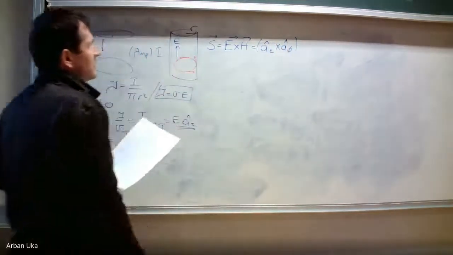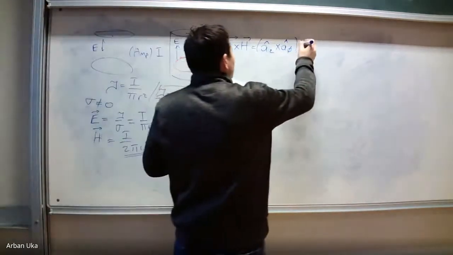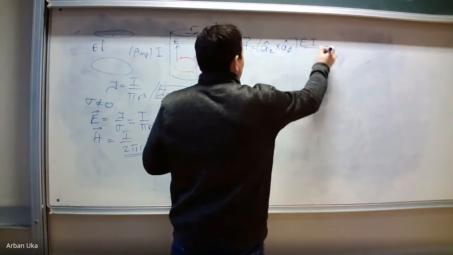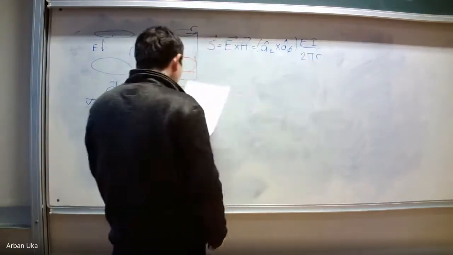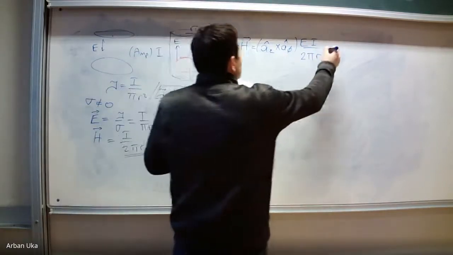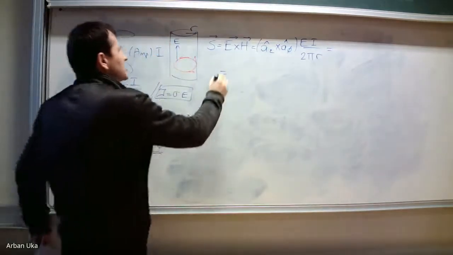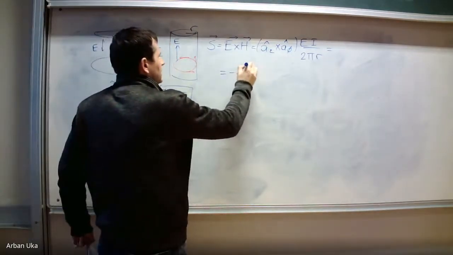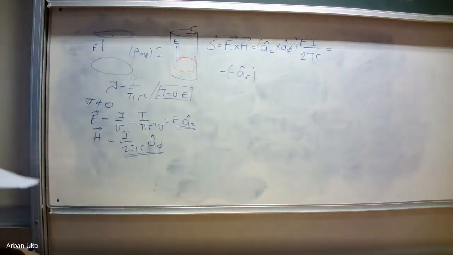This just shows the direction of the vectors, times electric field E, I over 2 pi r, and this is equal to, the direction is minus AR. Okay, so this is the result of the cross product of these two unit vectors.